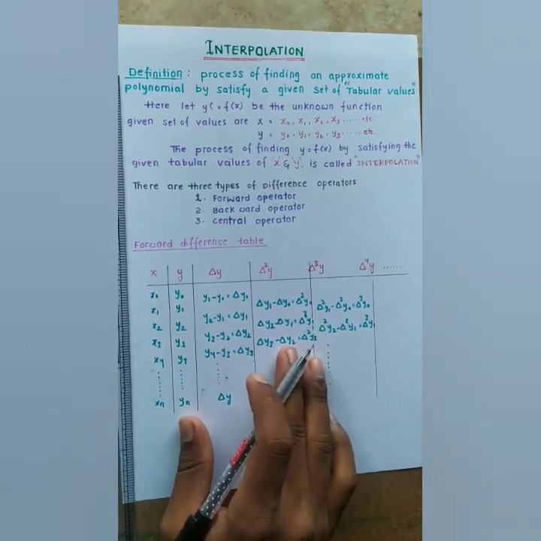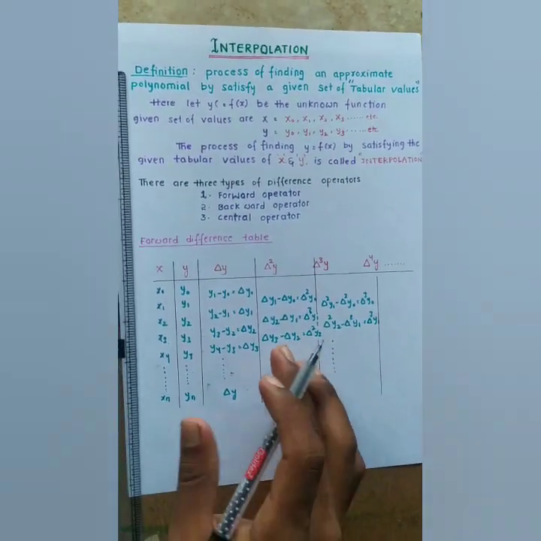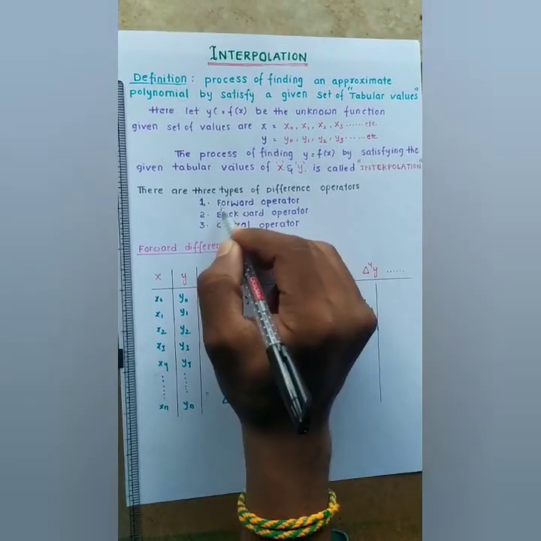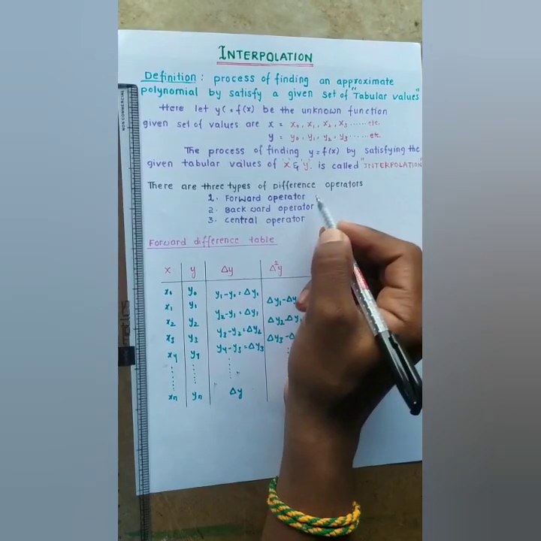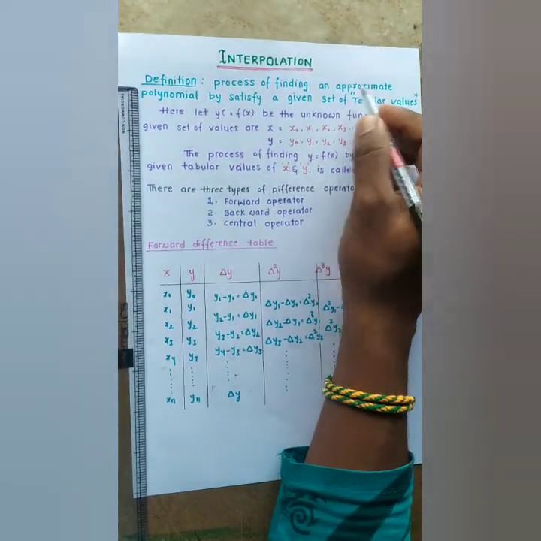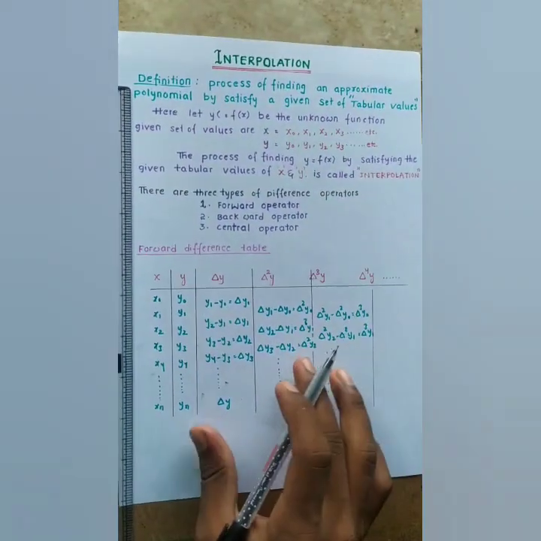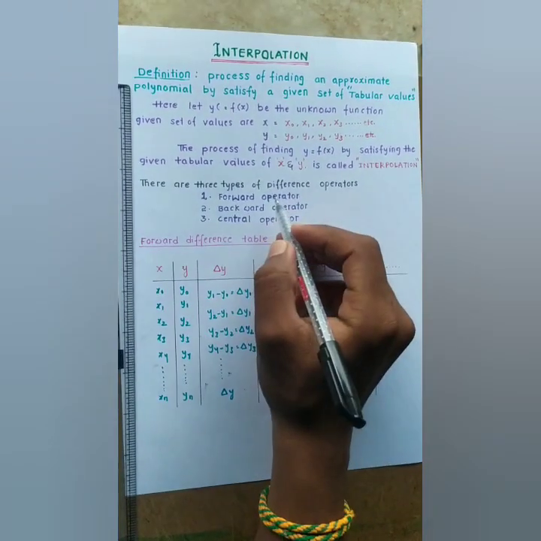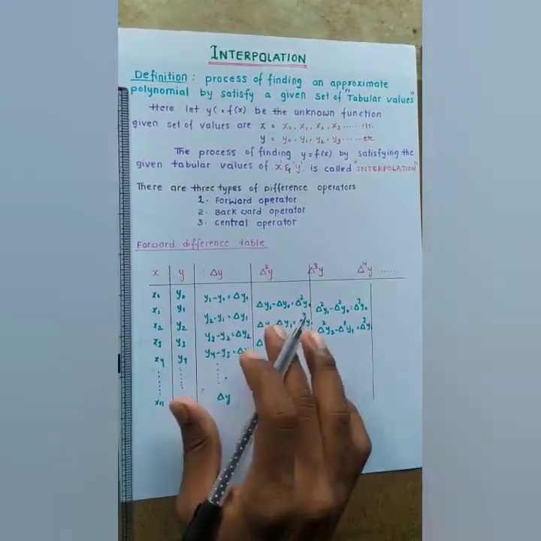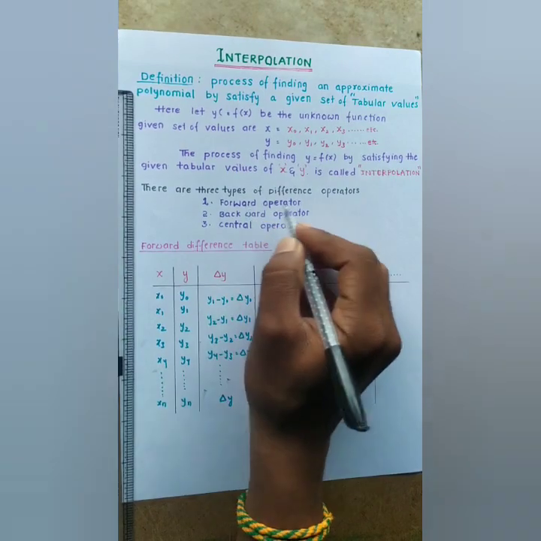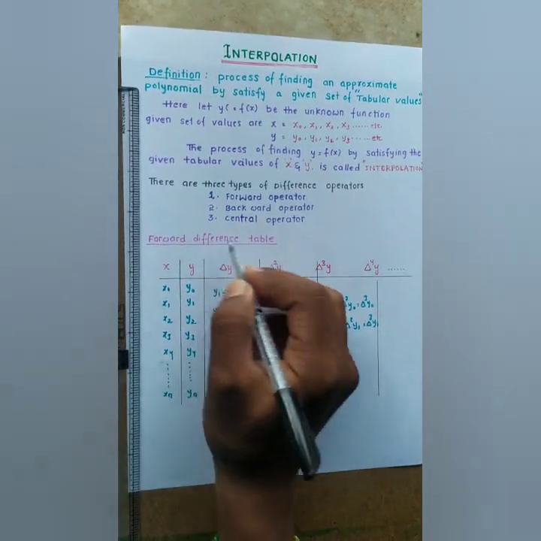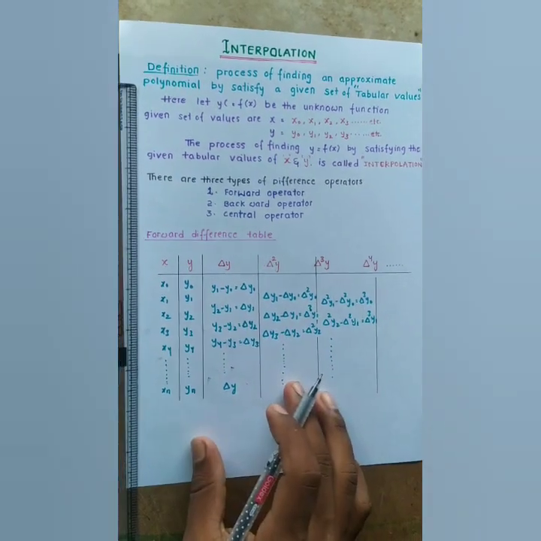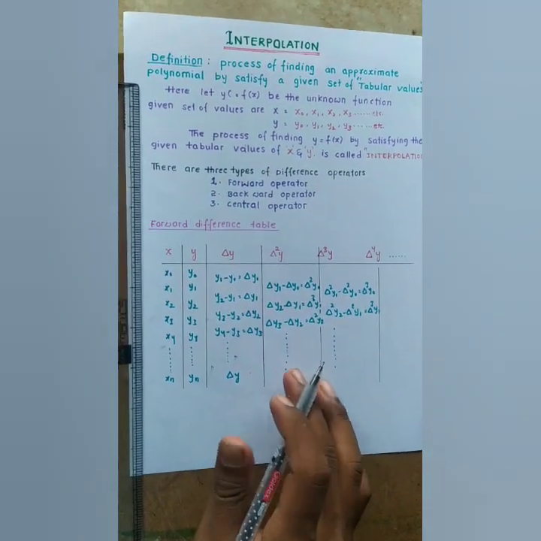In this video we will learn how the forward operator works and how to solve with it. Before using the forward operator, we draw a forward difference table. Here is how to draw the difference table.